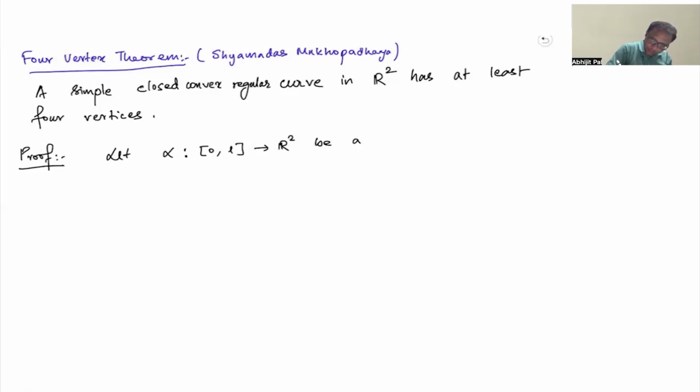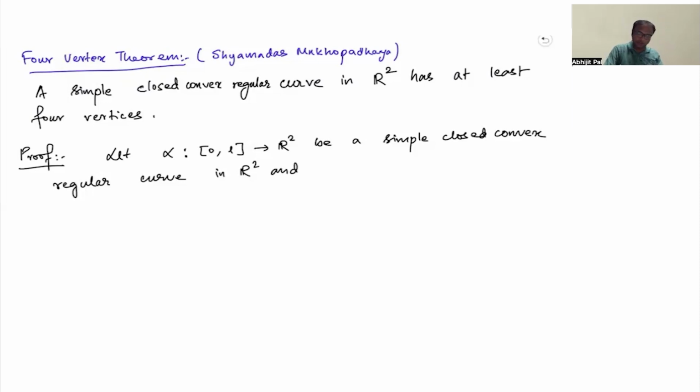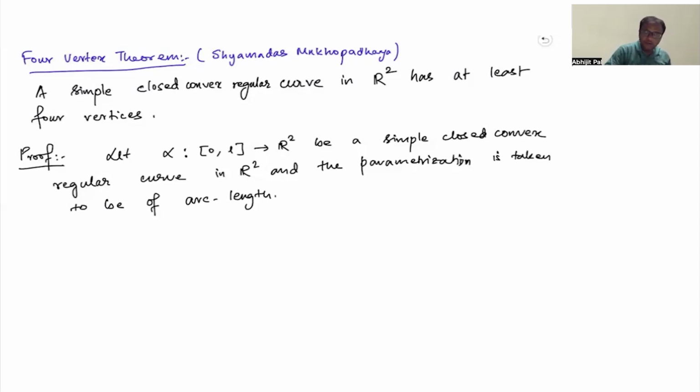So let alpha be a simple closed convex regular curve in R2, and the parameterization is taken to be of arc length. Now, take the curvature function.